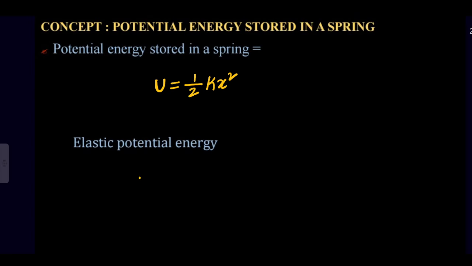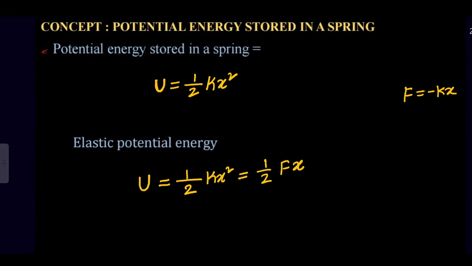So this elastic potential energy is given as 1 by 2 kx square. We have F equal to minus kx, so from that formula we can change this to 1 by 2 k into x, where kx is F, so it becomes F into x.